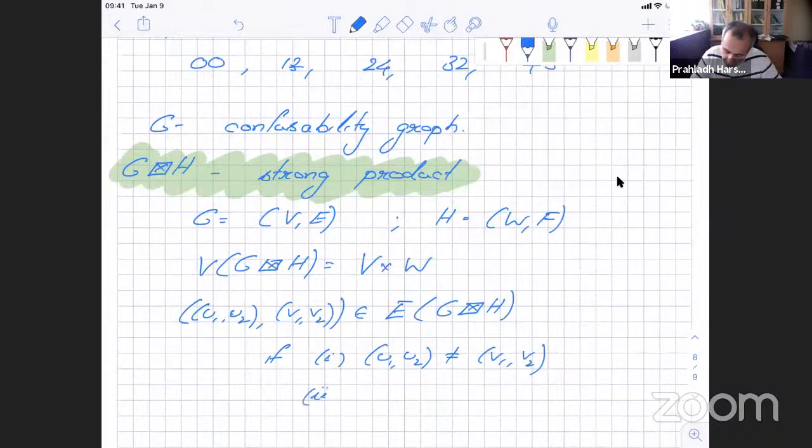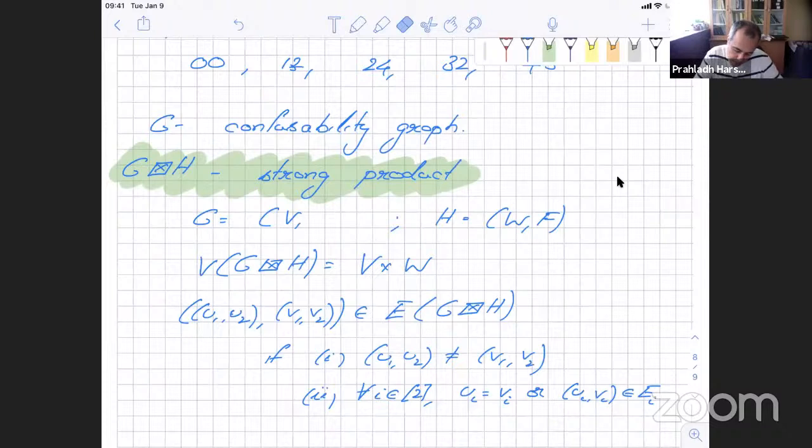for all i in 2, either Ui is equal to Vi or (Ui, Vi) belongs to Ei. So I should possibly have called these E1 and E2.